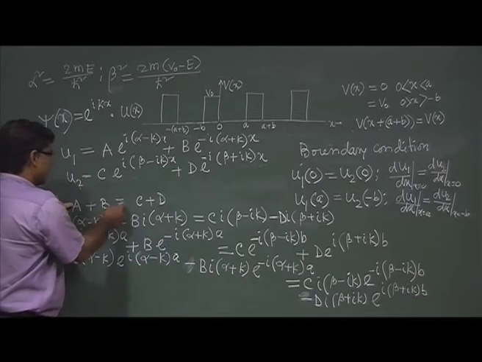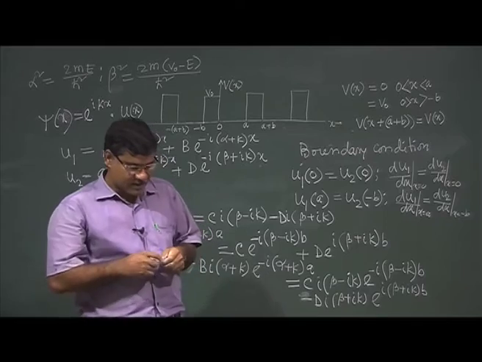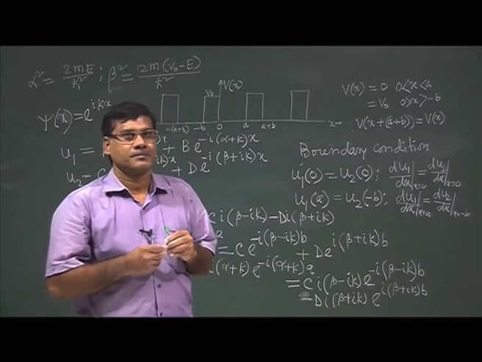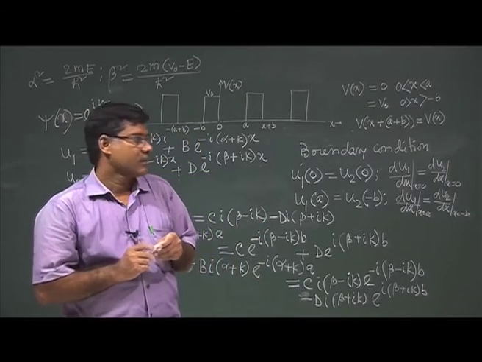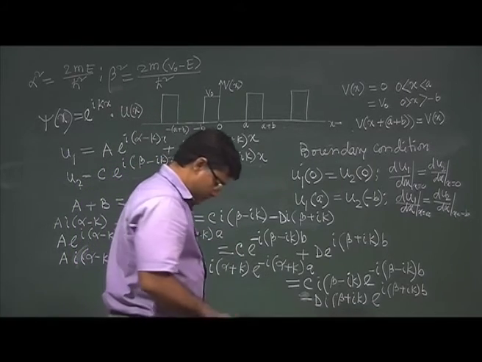So, here you see these 4 equations I got. I have 4 unknowns. If you solve them, basically you will get the values of a, b, c, d.